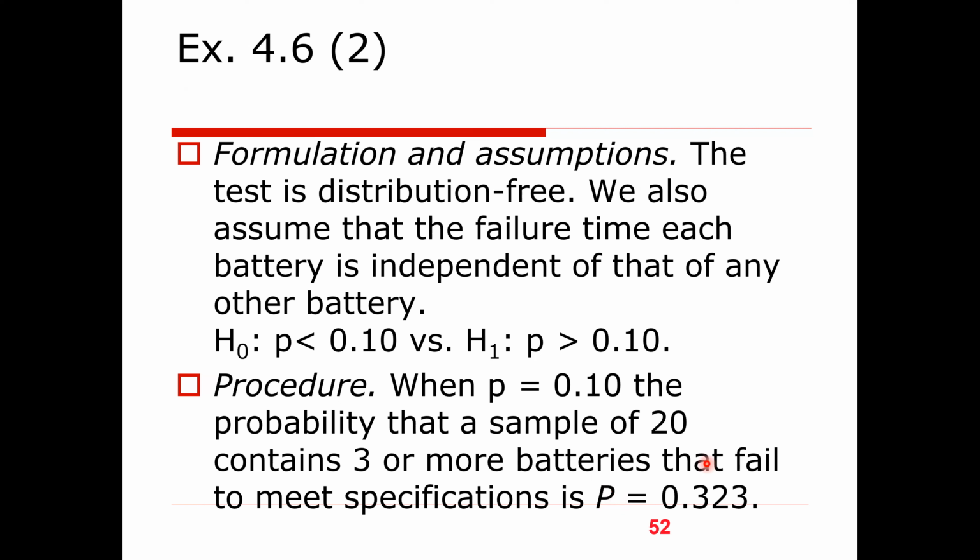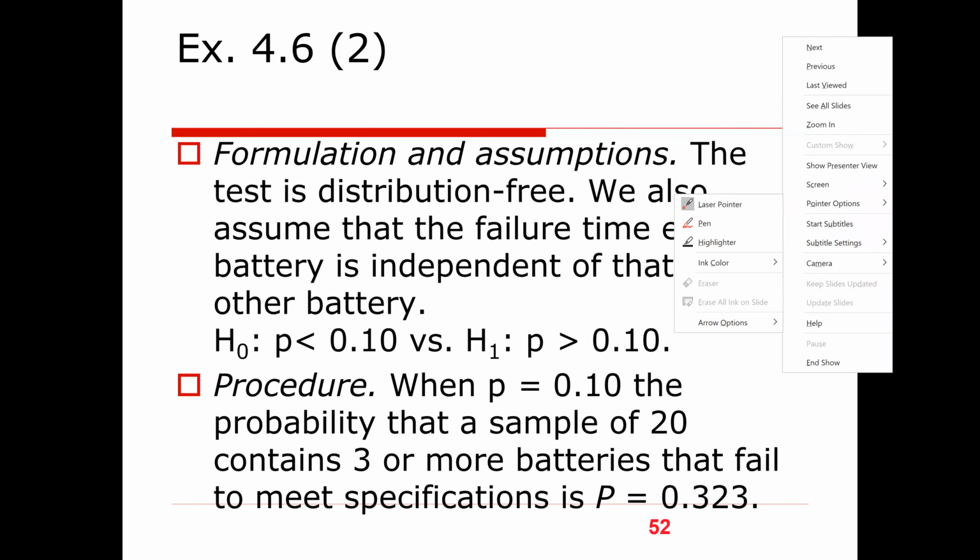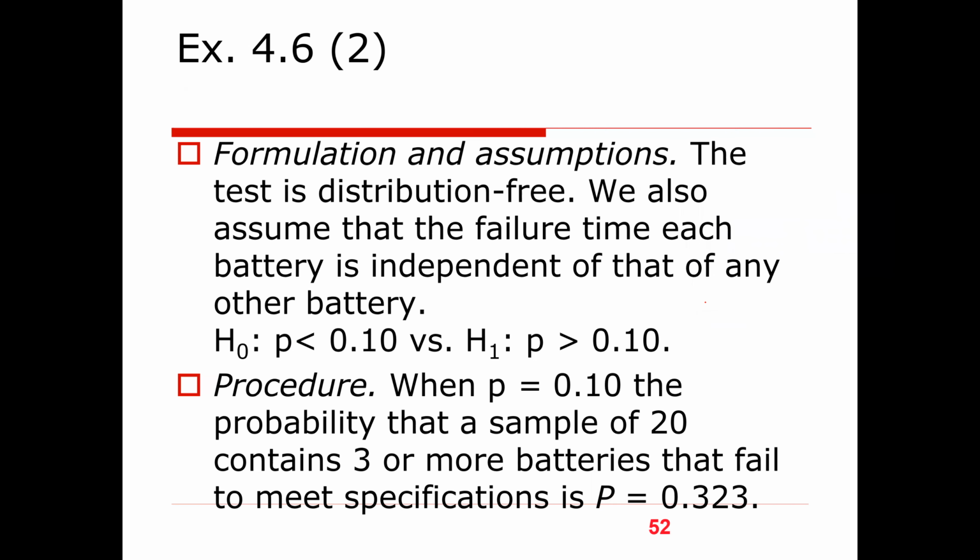And this should be how to calculate it. It actually should be out of 20, we select 3. Let me use both hands. So this is from 20. We need to select 3 as failure, right?